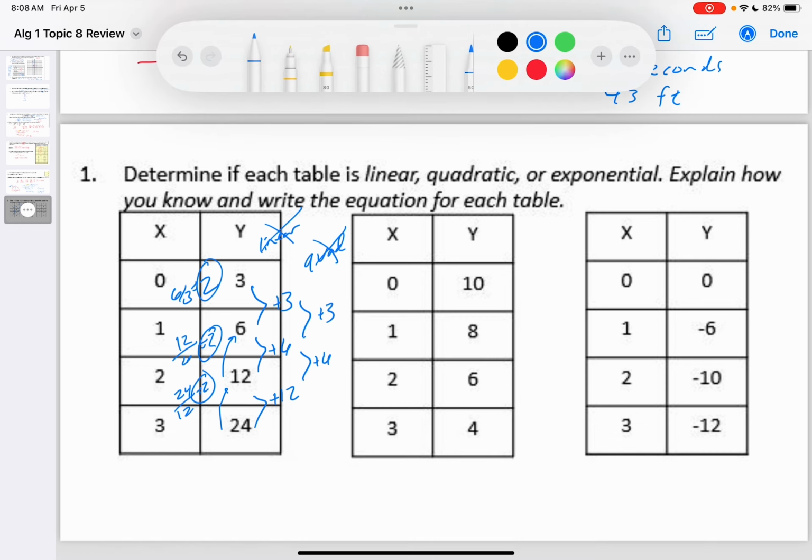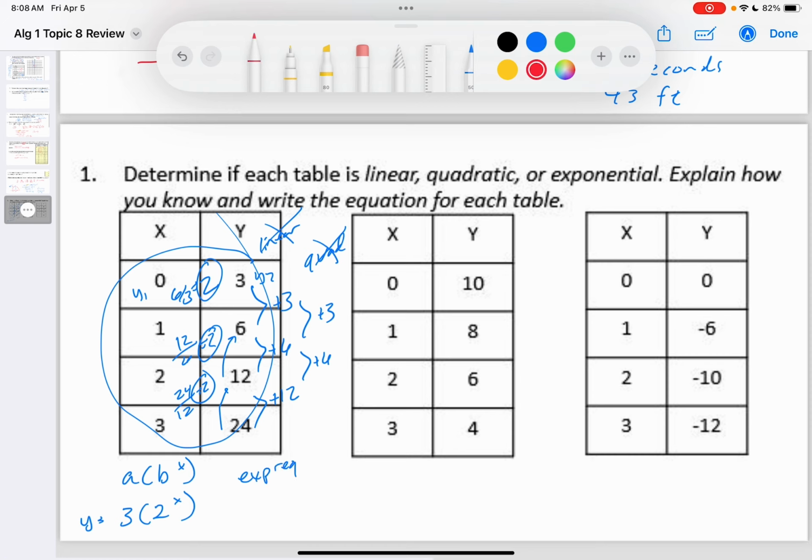So determining the rule here, because this is exponential, this will be a times b to the x. A is the start, which is 3. B is the multiplier, which we can tell is 2. So y equals 3 times 2 to the x. The other option would be type these values into your calculator, y1, y2, and do exponential regression.